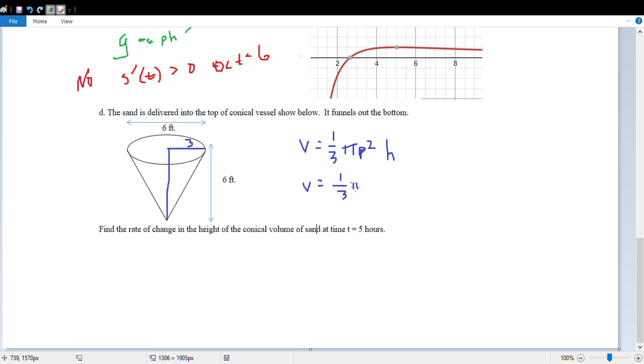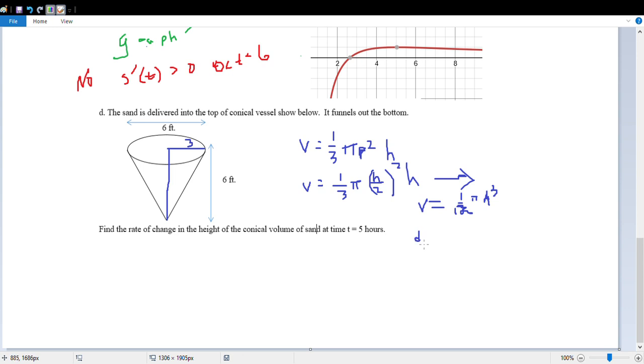So I'll make that 1/3 pi, and then we're going to call this h over 2 squared times h. So that tells me the volume is 1/3 pi h to the third over 2 squared, which is 4, so we're just going to make this 1/12, 4 times 3, 12. Okay, so there we have it.